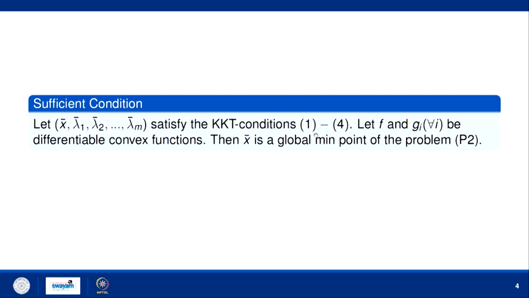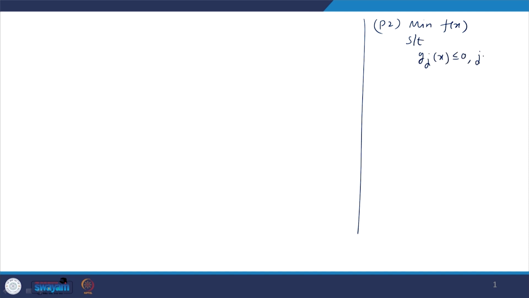If you want to show the proof, see what the KKT conditions are. What is the problem P2? The problem P2 is minimization of f(x) subject to g_j(x) less than or equal to 0, j from 1 to m. f is a function from R^n to R, and the g_j's are also functions from R^n to R, j from 1 to m.